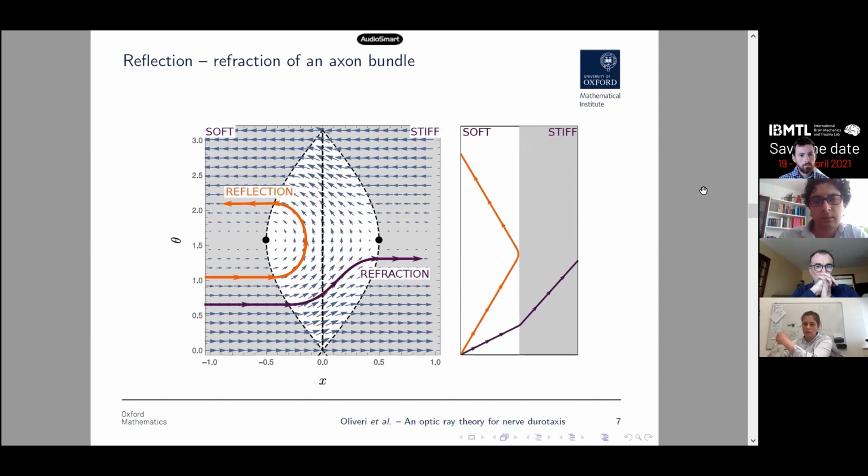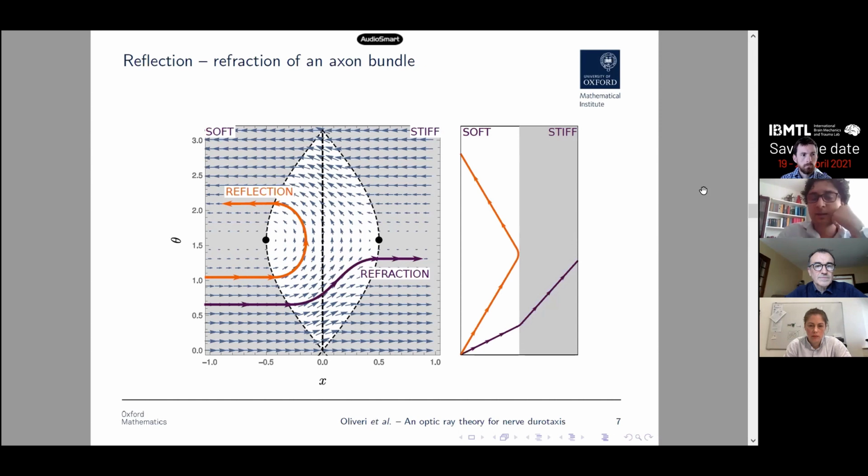If we now choose a slightly different angle, closer to the normal to the interface, we see a radically different regime where the bundle, instead of being reflected, makes it through the interface and exits with a different angle, which is of course very reminiscent of what is observed in classic optics with reflection and refraction of light rays.